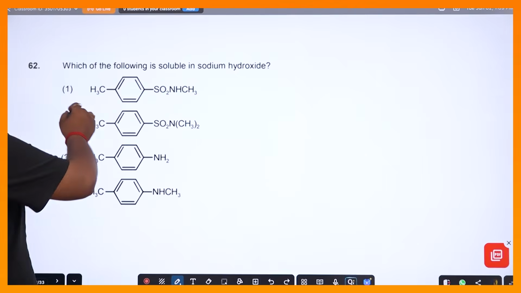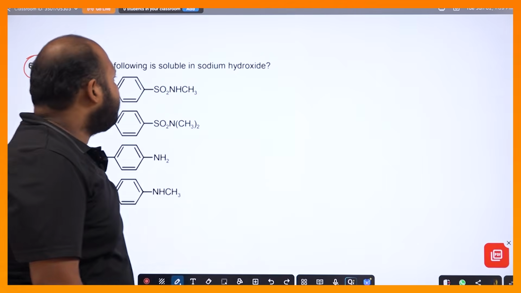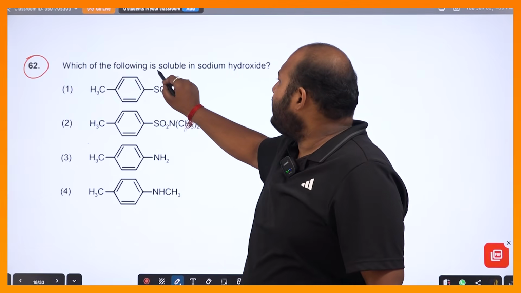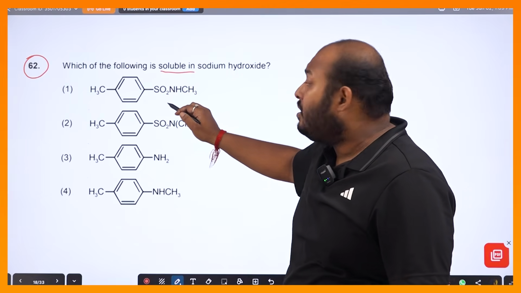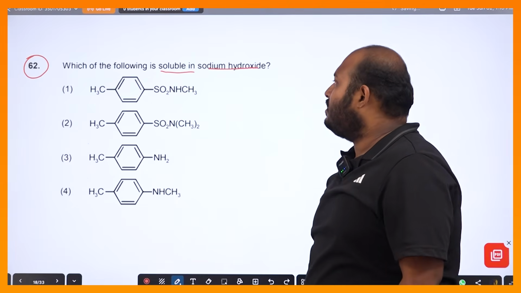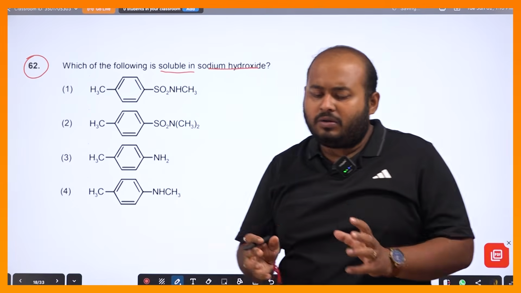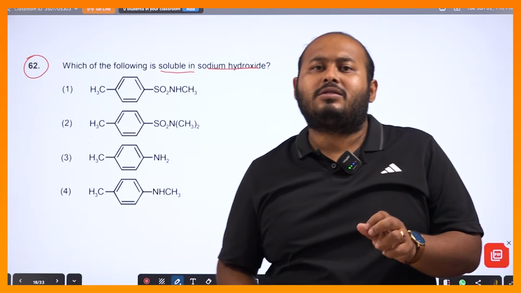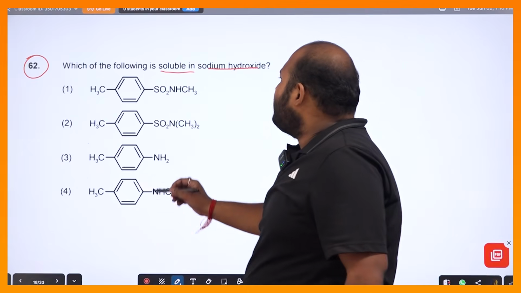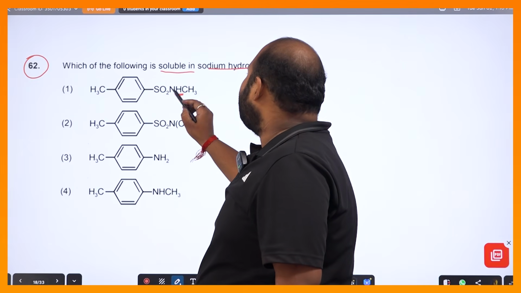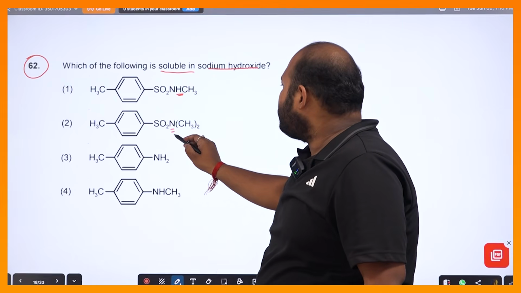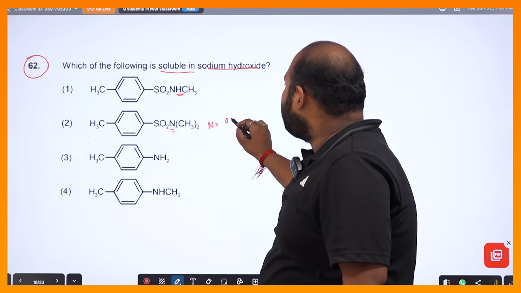Okay, so this is again a question from the organic part. It is asking which of the following is soluble in sodium hydroxide solution. For a compound to be soluble in sodium hydroxide, it requires an acidic hydrogen. Remember this part. You can see the acidic hydrogen is present in only one case, but in this case there is no acidic hydrogen present.